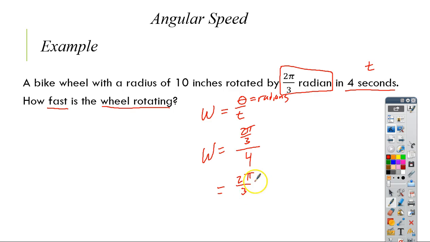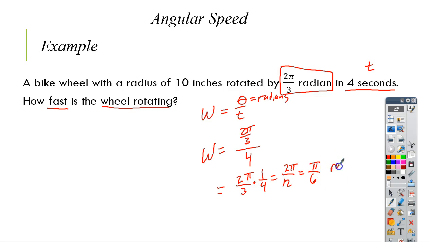Instead of dividing by 4, I can multiply by its reciprocal, which is then equal to 2 pi over 12, which is equal to just pi over 6. And what's my units? My units are what it is over what it is. Radians over time.